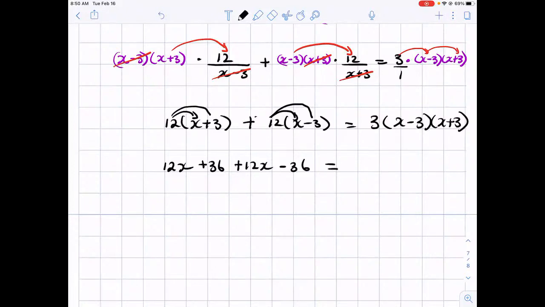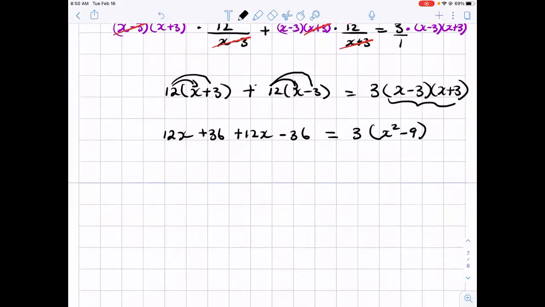And that is equal to, if you multiply the parentheses first, since it's a difference of squares, it becomes x squared minus 9. If you FOIL out those two parentheses, you will get x squared plus 3x minus 3x minus 9. And then the plus 3x and the minus 3x will cancel out.